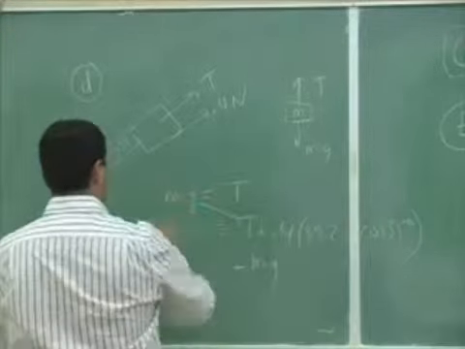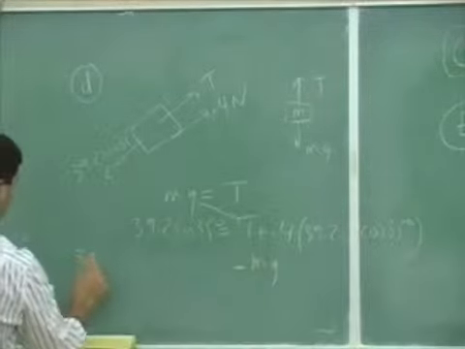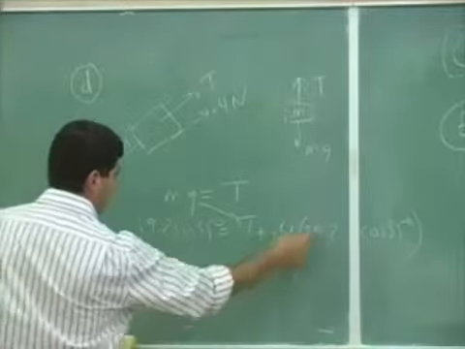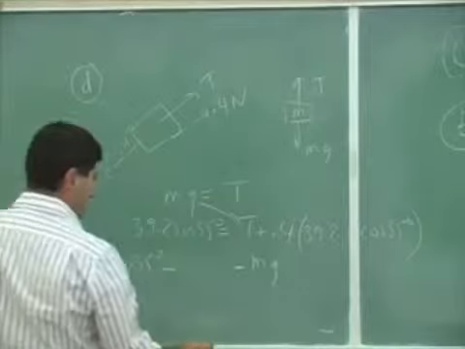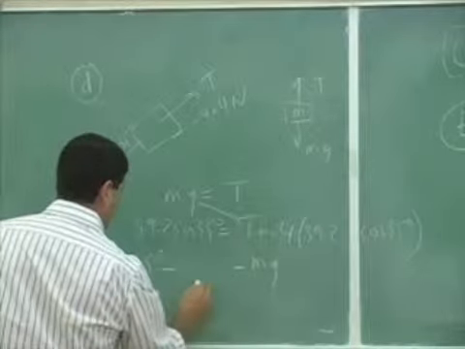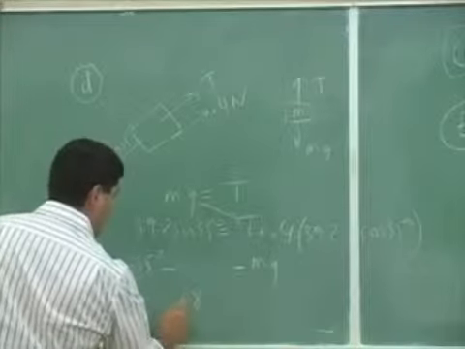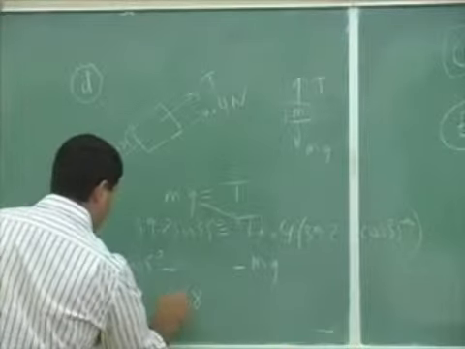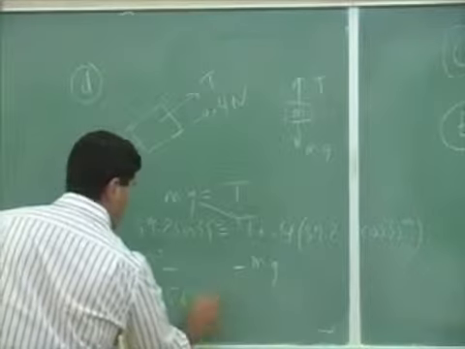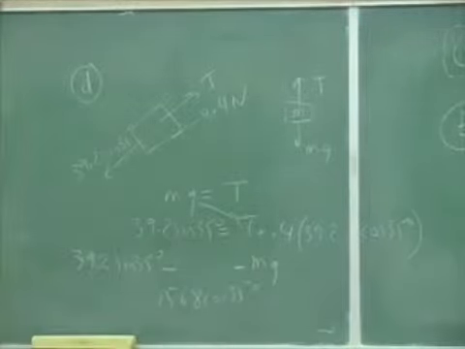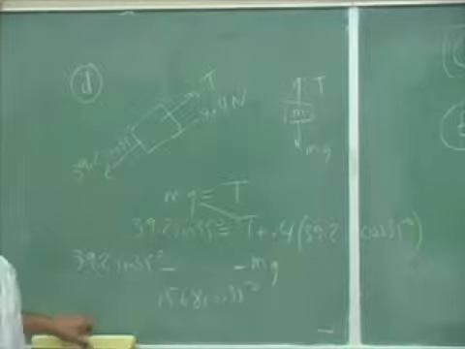And then I take this to the other side. And then this one here. So that's going to be 8.36, 3.12, 15 cosine of 35. So this will tell you the maximum mass that you can have on the hanger.